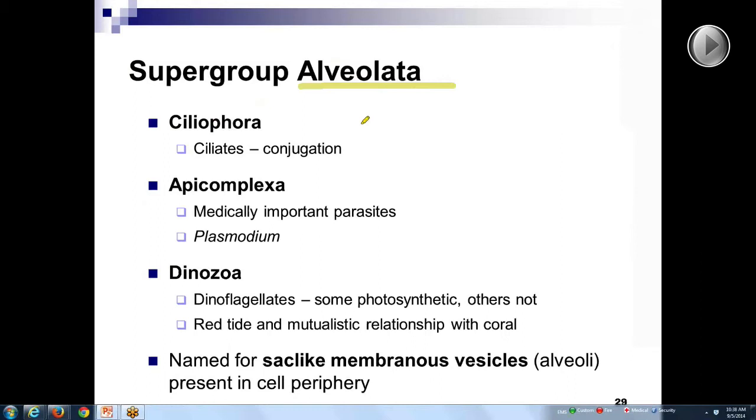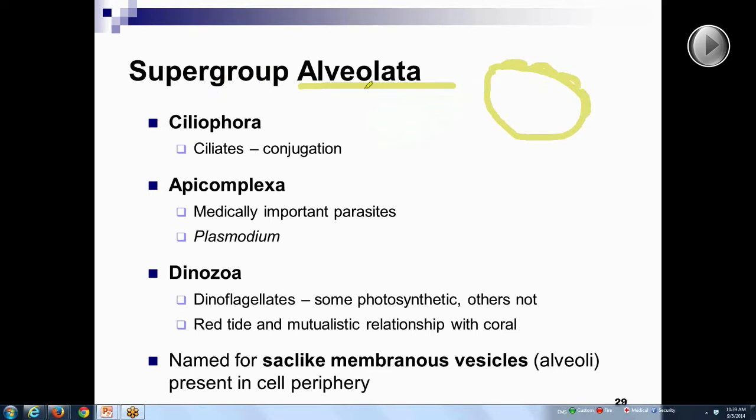They all have these sac-like membranous vesicles called alveoli that are present at the cell periphery. So all of the members of supergroup alveolata have these, little vesicles or sacs all along the outside, along that periphery. We'll look at a picture of that in just a minute.